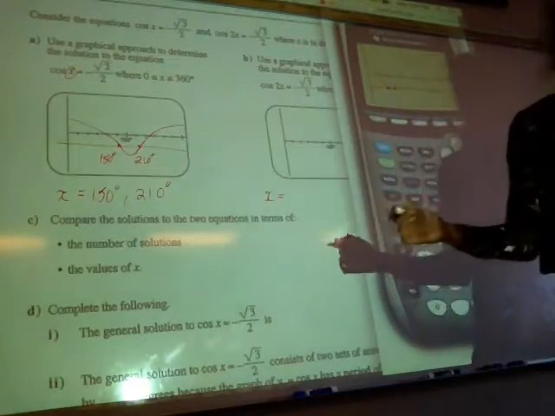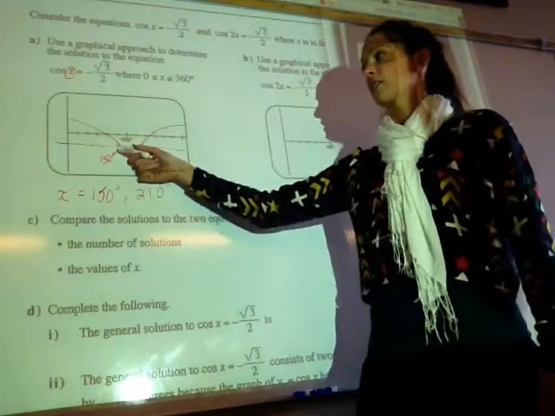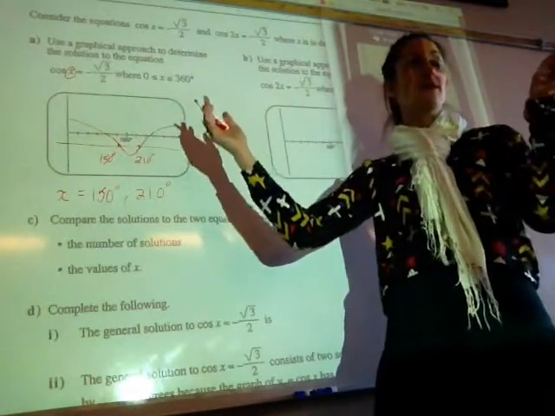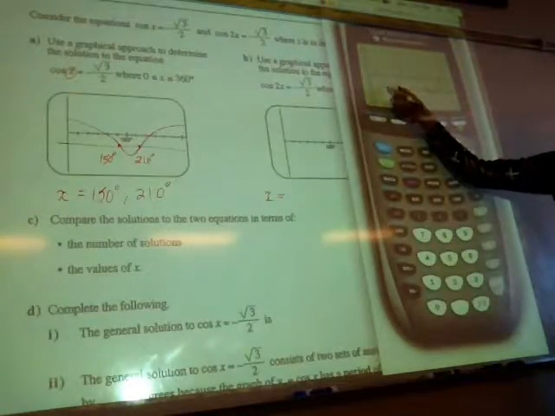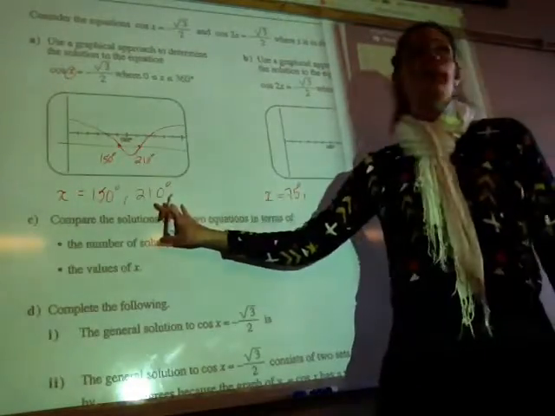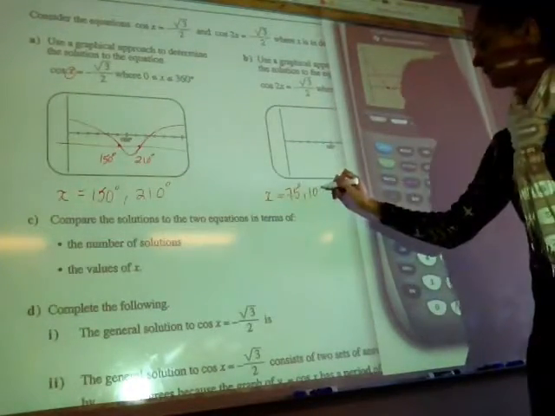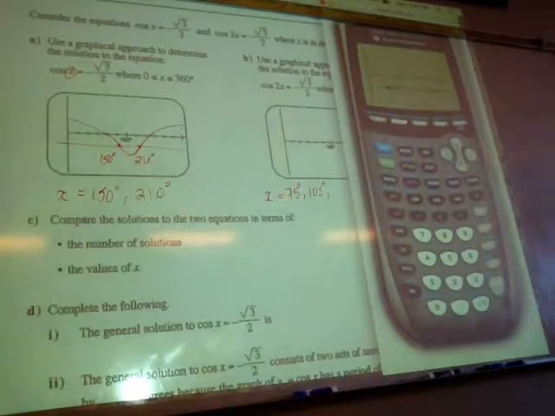So if you guys could just trace those solutions, let's figure out what we get. I think we can do this mathematically to start. Okay, if we had intersection points at 150, and we know the graph is compressed by 1/2, what's that first intersection point going to be? 75. Good. And then this compressed by 1/2 will be 105. And let's just trace those last two solutions.